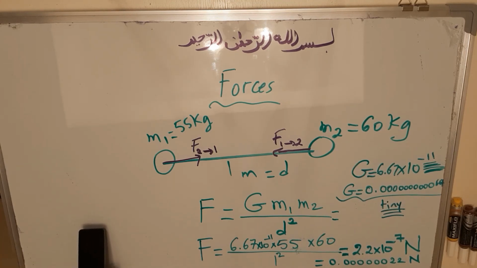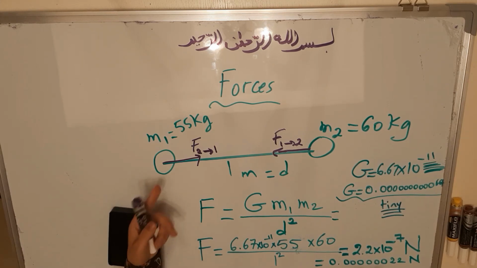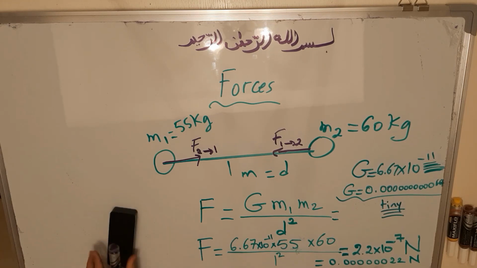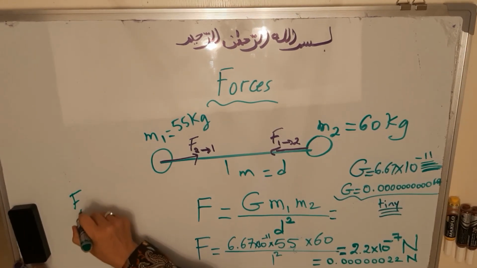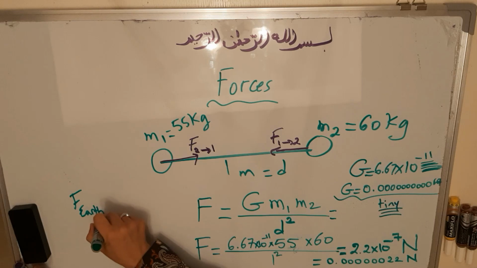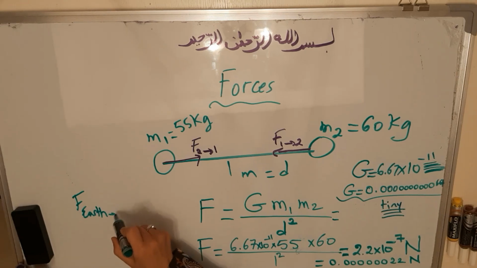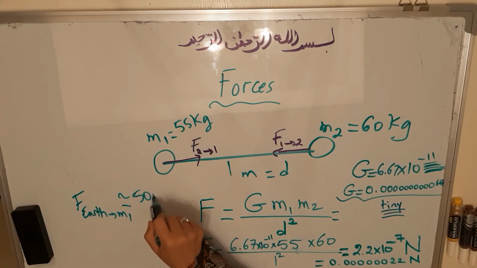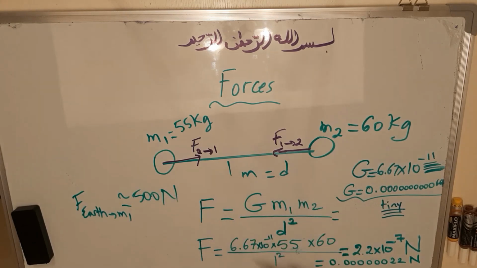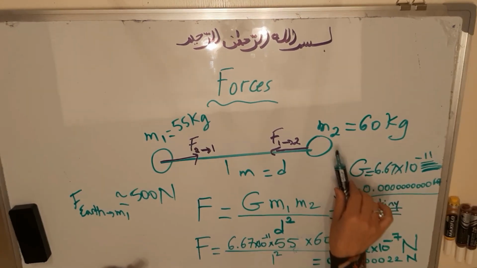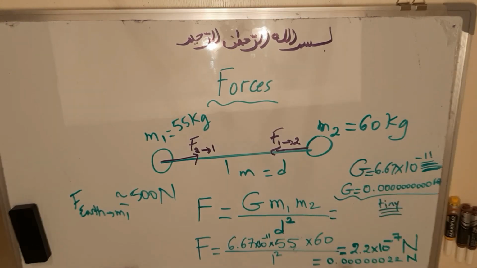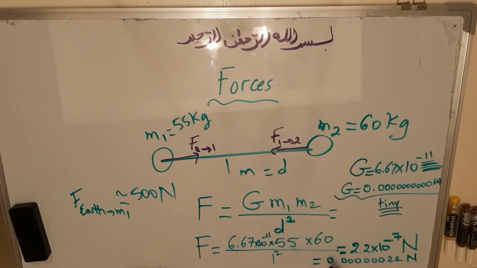If I want to calculate the force that Earth is exerting on M1, I'm not going to calculate that, but approximately it's going to be around 500 newtons. And the force on M2 is going to be around 600 newtons. So what does that mean?